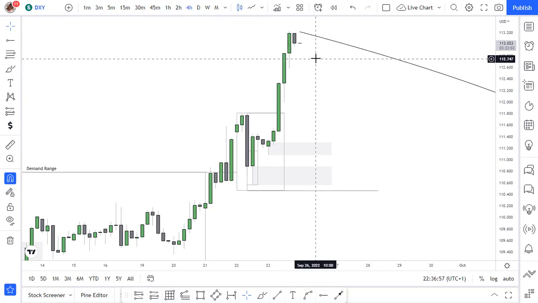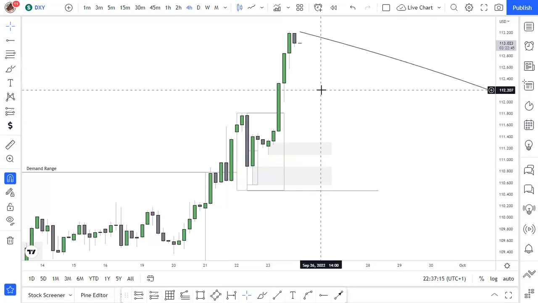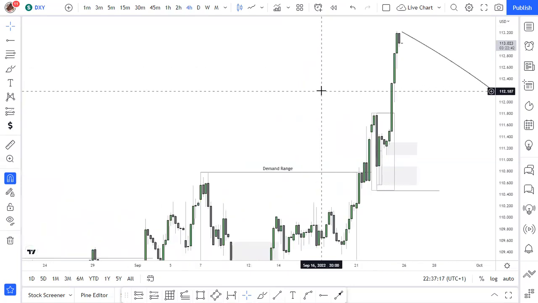Then we can say that the 4 hour time frame is most likely going to pull back. And when we start seeing that same bearish structure kicking in on the 4 hour, we can also say that the daily time frame is most likely going to pull back. So it's basically just combining time frames and then trying to understand them.